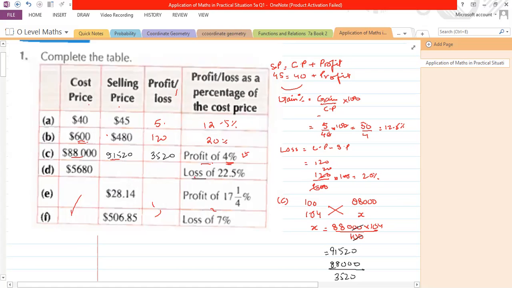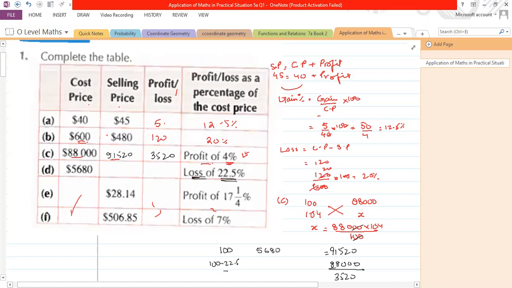All right, this is simple. Again, you can do the same thing yourself. That 22.5% loss means what? It means that it is being sold at 77.5%. So if the cost price, 100%, was 5,680 and the loss was 22.5, that means 100 minus 22.5.